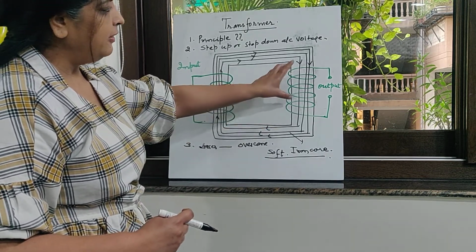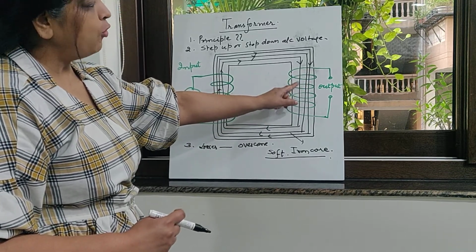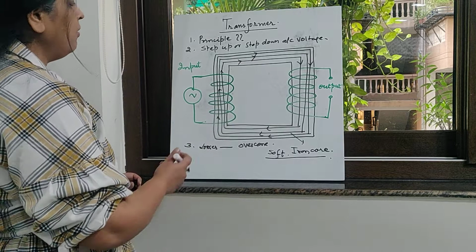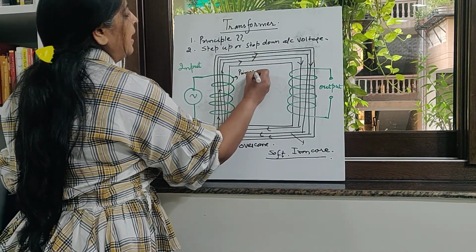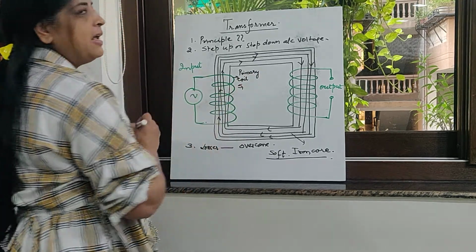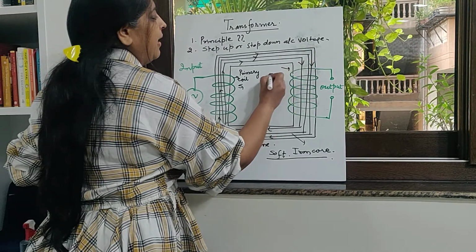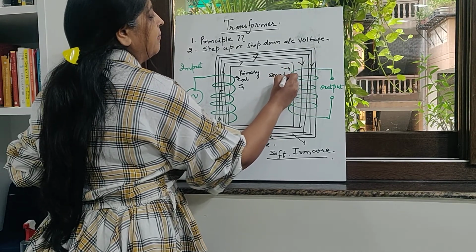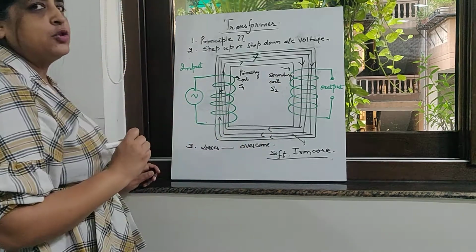Similarly we have another coil on the other part, and this is also an inductor. This one is known as the primary coil or the primary inductor, so we are giving it the name S1, and the other one is the secondary coil, and we are giving it the name S2.